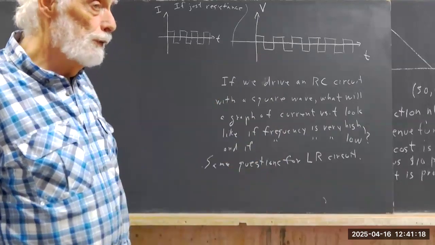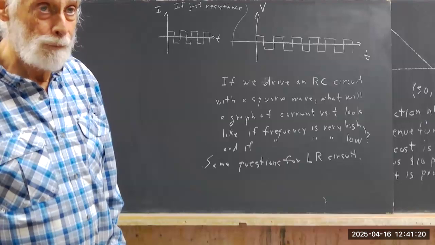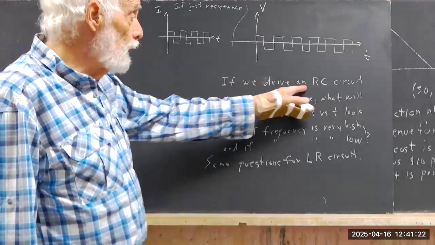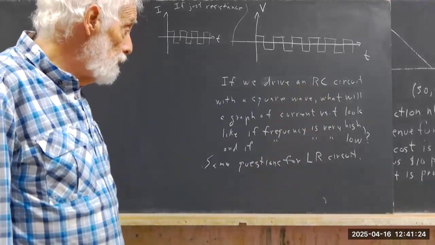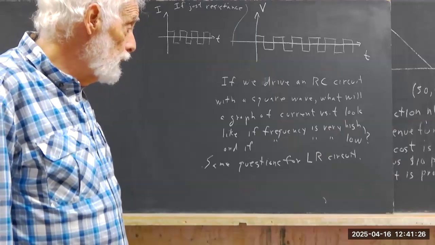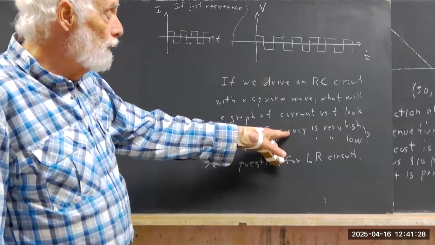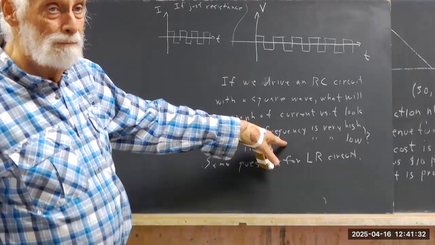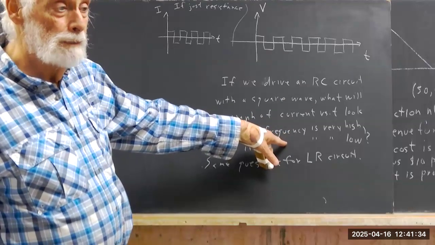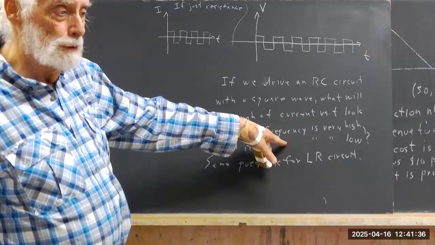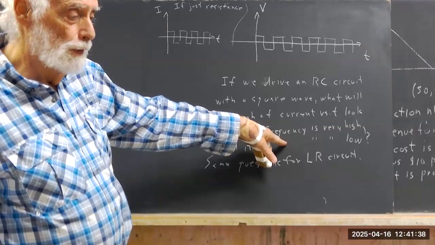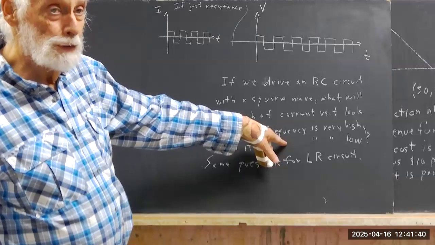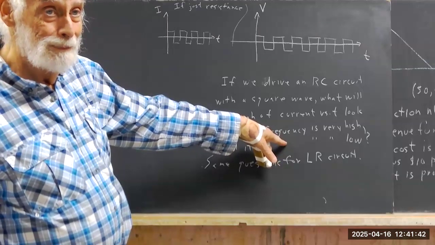What I'm asking you to do is think through what's going to happen. So if we have an RC circuit where the square wave is very high frequency. Very high, depending on your circuit and so forth, might be 1,000 cycles per second.